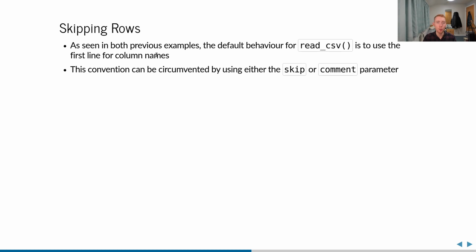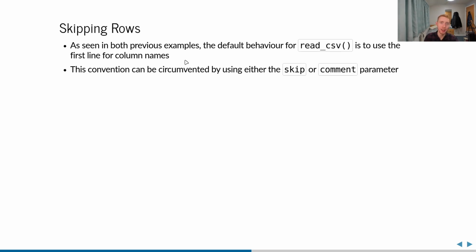Okay, so the first thing we might want to do is skip a few lines. We saw in the previous examples that by default, read_csv, or really everything in readr to be exact, is going to use the first line as the column names. But it might be the case that our dataset starts with maybe 5 lines of just attributions or acknowledgements or a general description of the dataset.